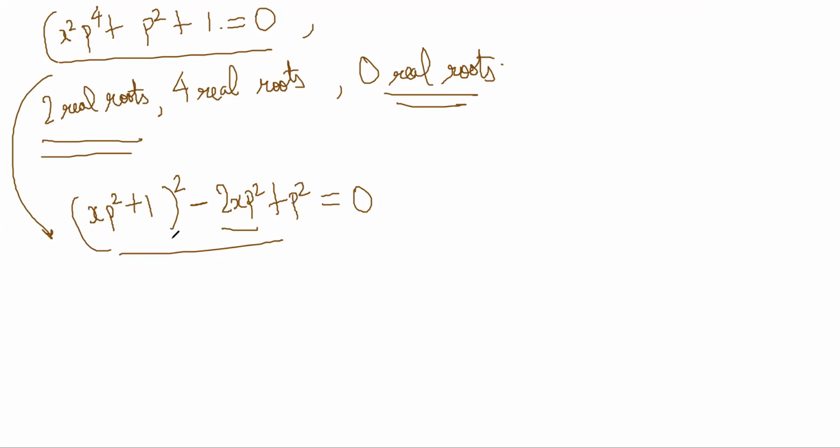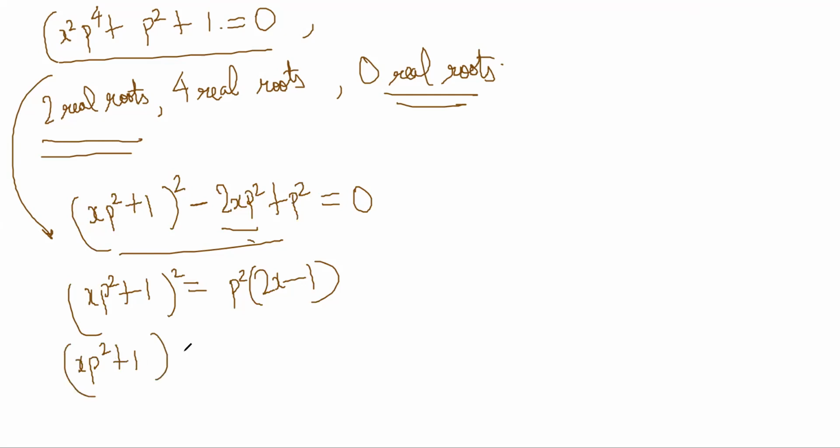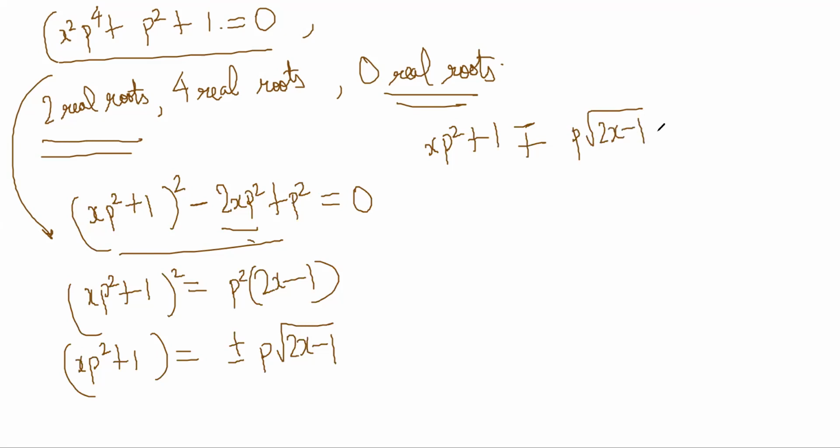So we have x p square plus 1 whole square is equal to p square into 2x minus 1, no? So x p square plus 1 could be equal to plus minus p root over 2x minus 1. So we are getting something, see? x p square plus 1 minus plus p root 2x minus 1 is equal to 0.